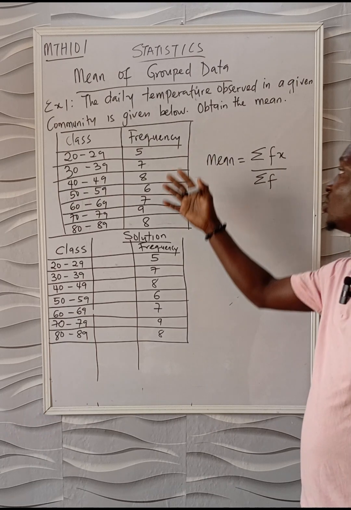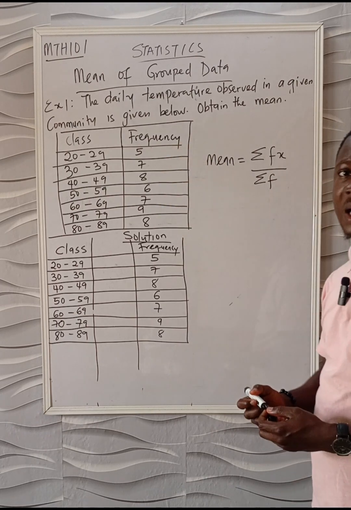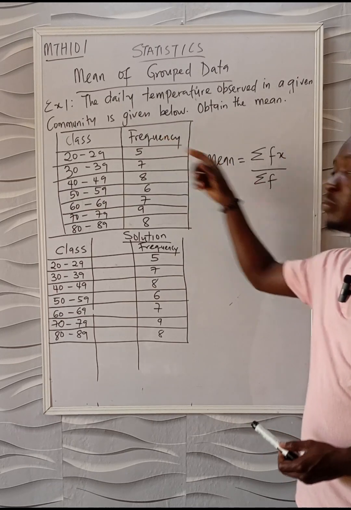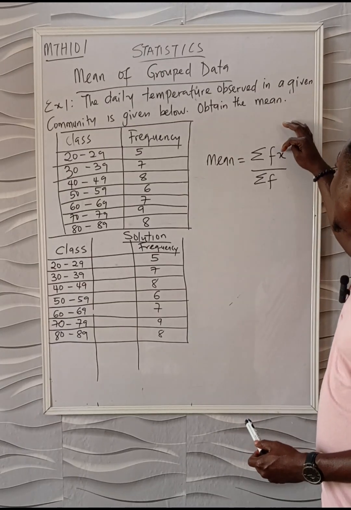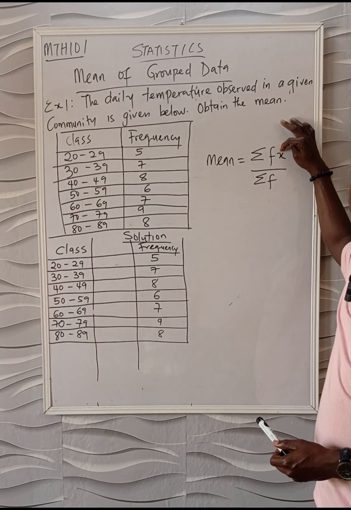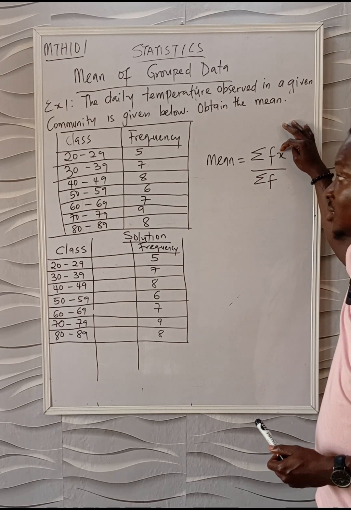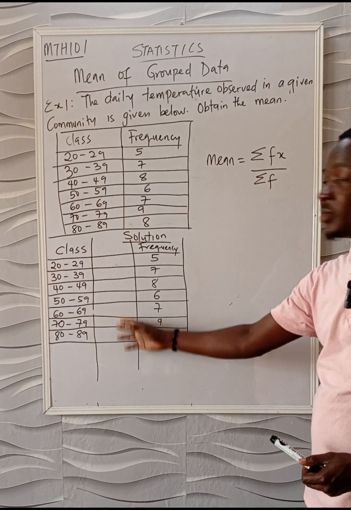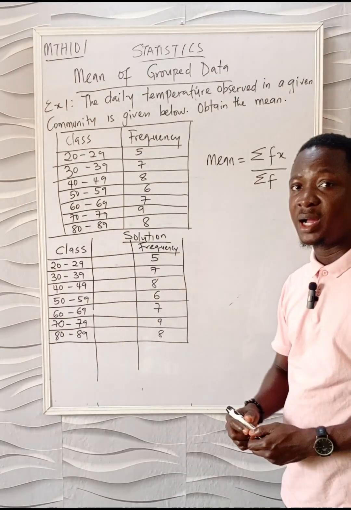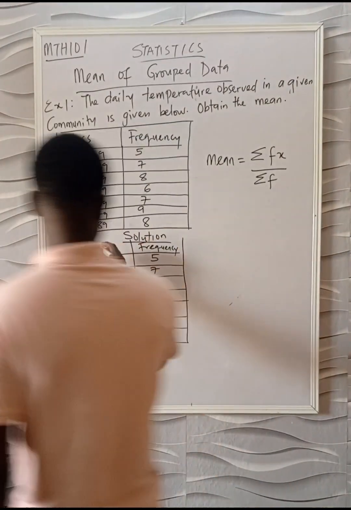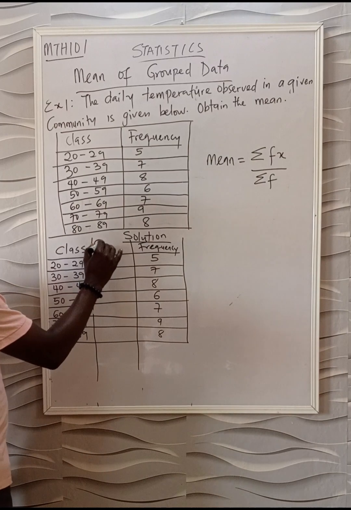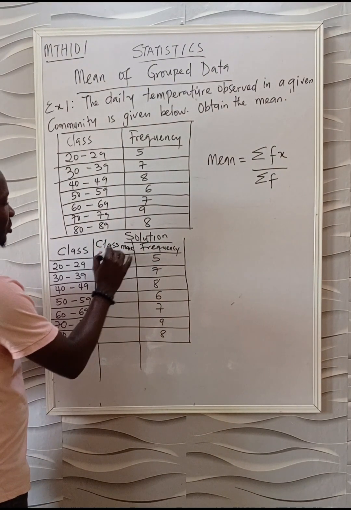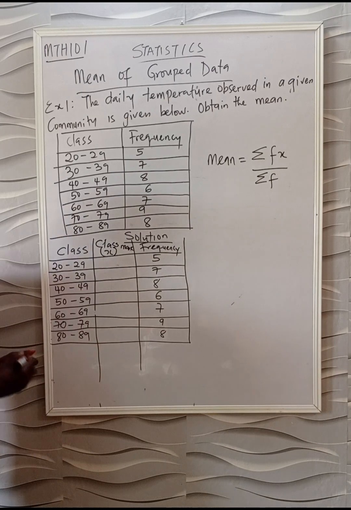So in this question, we don't really know what our x is. We already have the frequency, but we need to find our x, and the x here is called the class mark. So this is why we have an empty column here. That's where we're going to have our class mark, x.